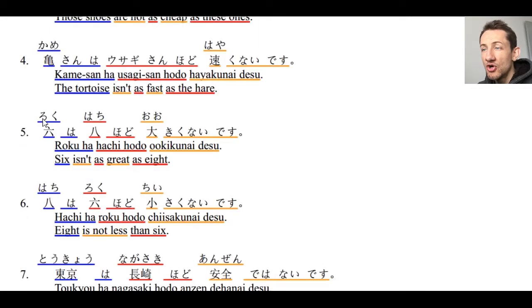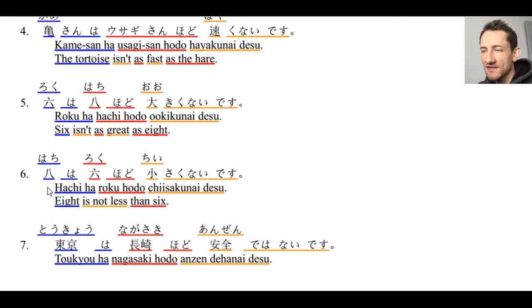Number 5, 6は8ほど大きくないです。So 6 is not as big as 8. And number 6, 8は6ほど小さくないです。So 8 is not smaller, or as small as 6.